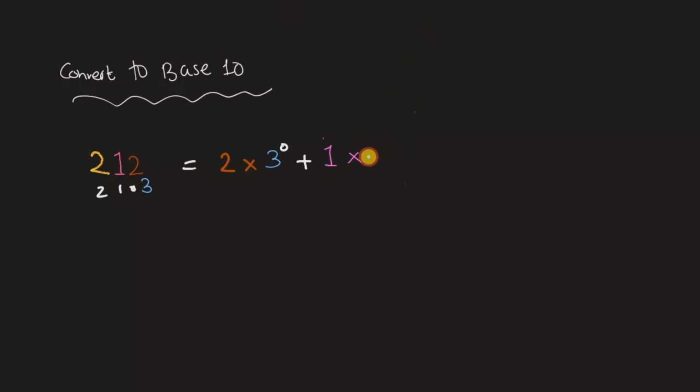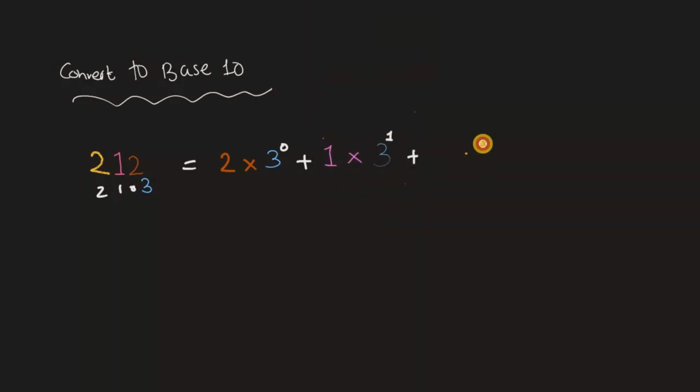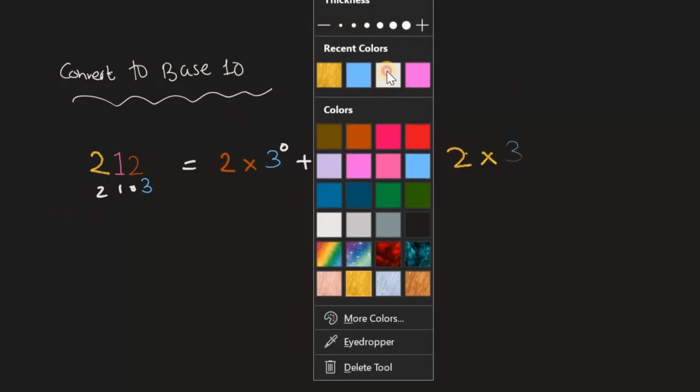The base we have is 3, to the power of the exponent, which is 1, plus the next number, which is yellow: 2, multiplied again by the base, to the exponent, which is white.